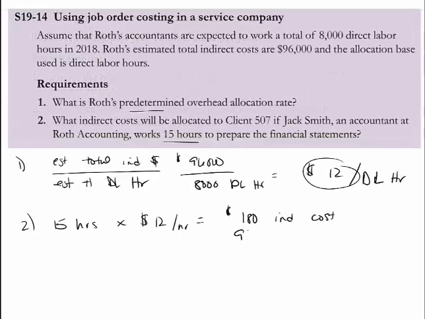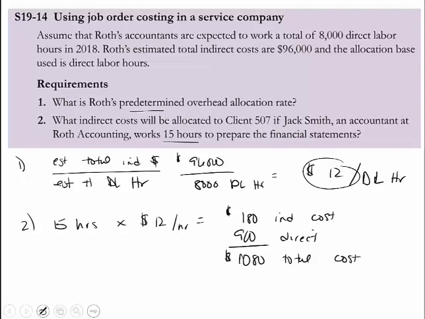So the total that this client is going to get billed is the $900 in direct and the $180 in indirect. So the client will get billed $1,080 is the total cost. So that's how they'll figure out how much to charge that client. And they can't do that until they understand all their costs. So there we go. So that's chapter 19.